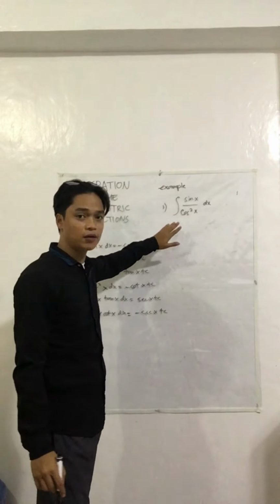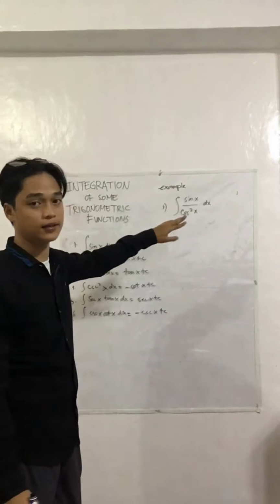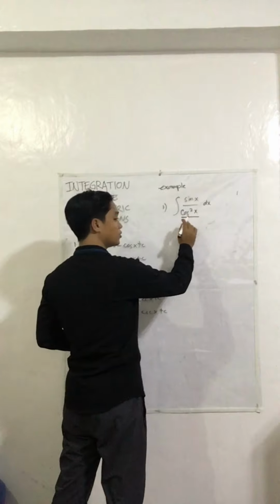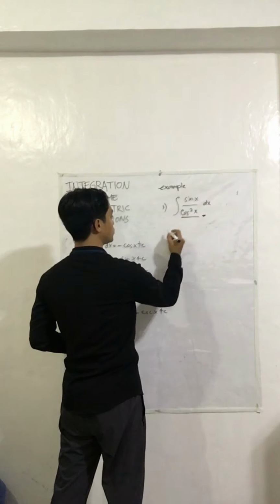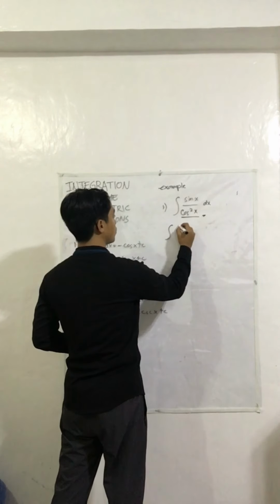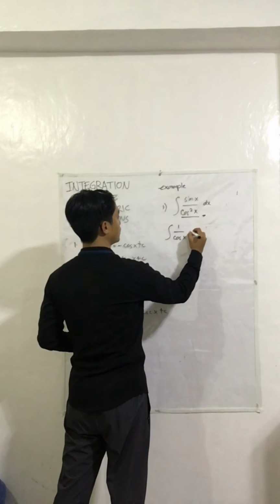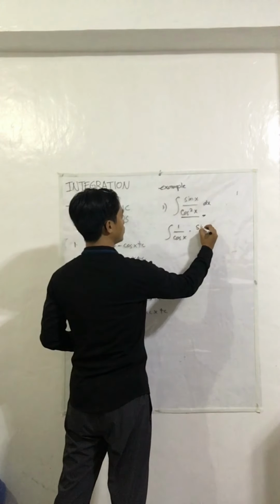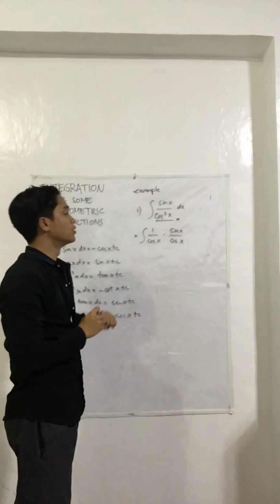So, magbibigay ako ng example. Sin x over cosine squared x dx. So dahil ang denominator ay 2 factors, we will separate this one. So magiging 1 over cosine x multiplied to sin x over cosine x.